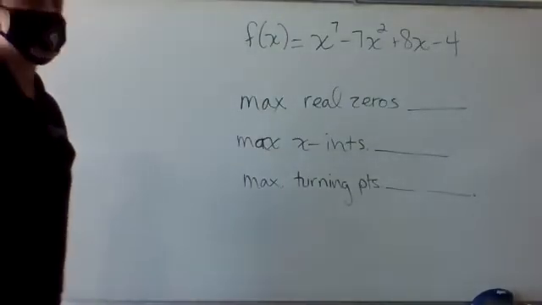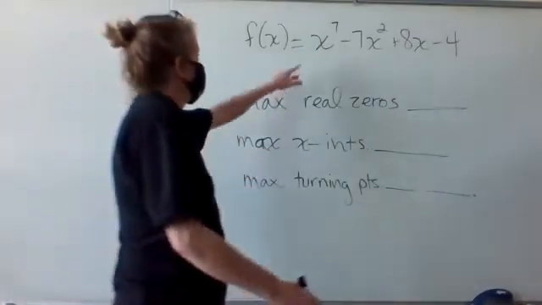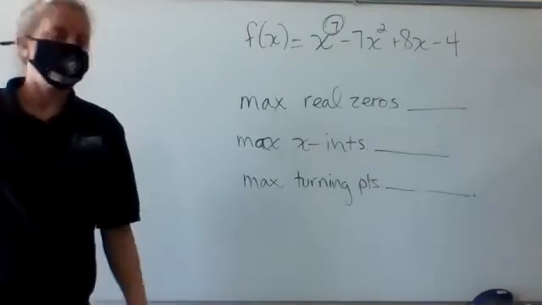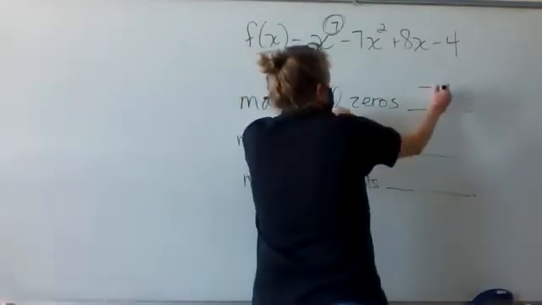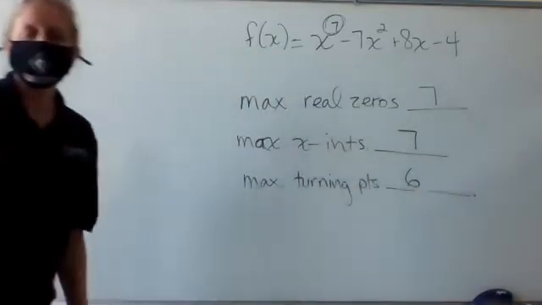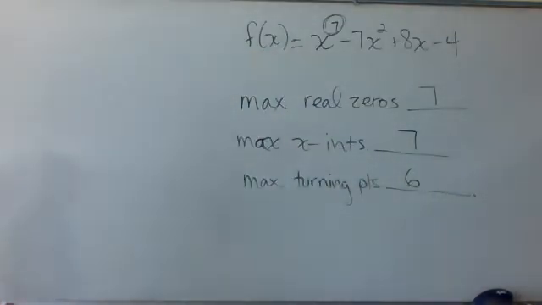Again, looking for your leading term, which is the term with the highest exponent. Here's my highest exponent. That answers all my questions. Right? Real zeros, 7. X-intercepts, 7. Turning points, 7 minus 1. So 6.